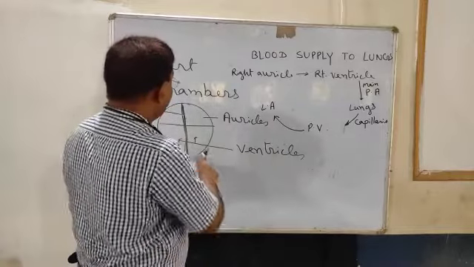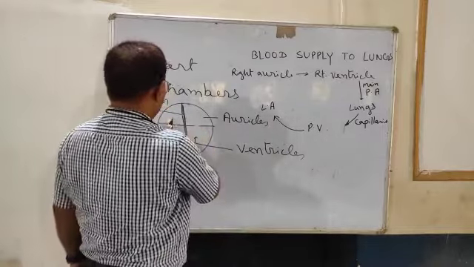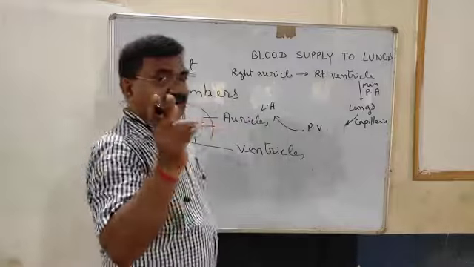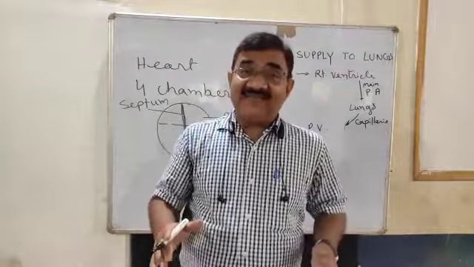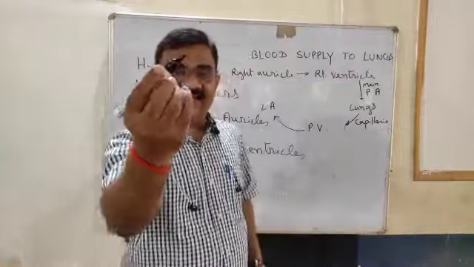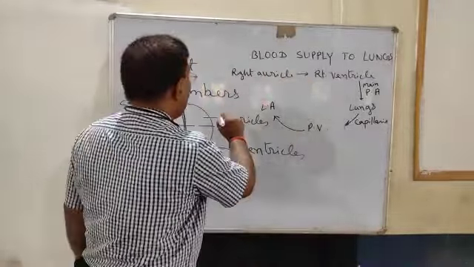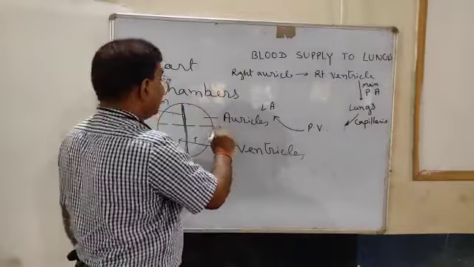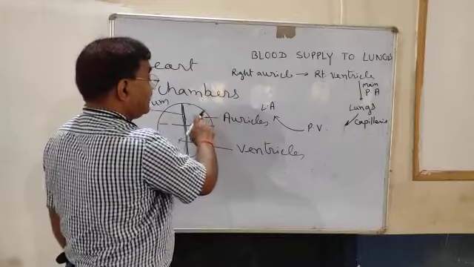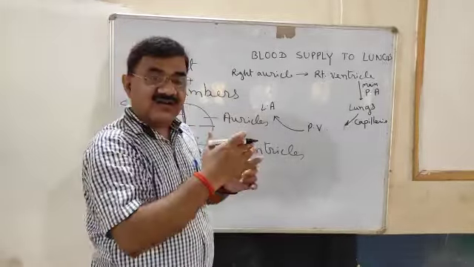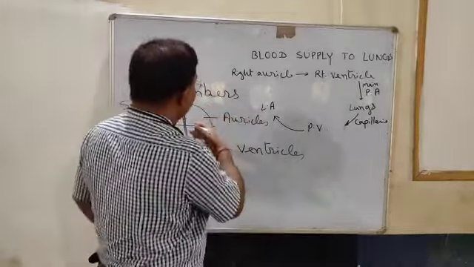First let us understand which one is the left side and which is the right side. This is my right hand, I am writing with the right hand. Don't say this is the right part, because the diagram is opposite to us.